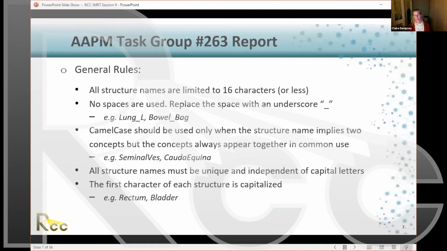So you can't have lung in all capitals and then lung in all little letters, because again, they could mean the same thing, but depending on the planning system, they can be different. So they need to be independent of capitalization, but they do recommend that the first character of each structure is capitalized. So rectum and bladder, for example.